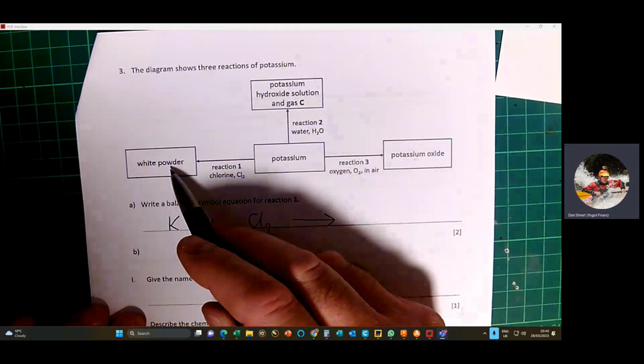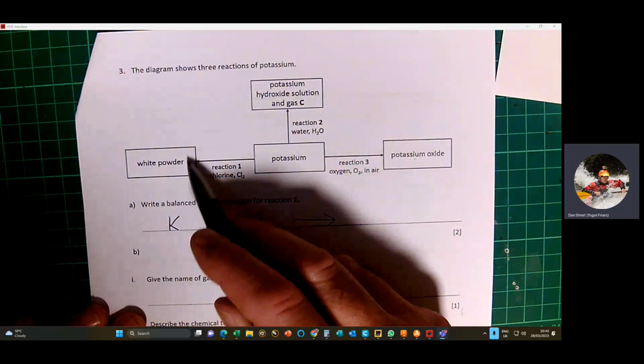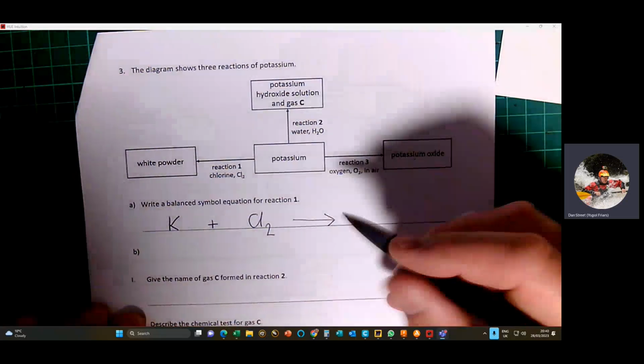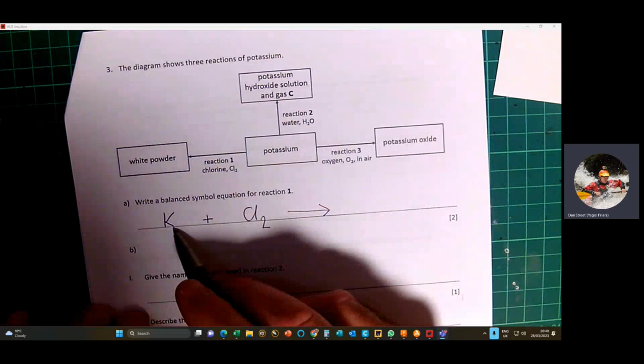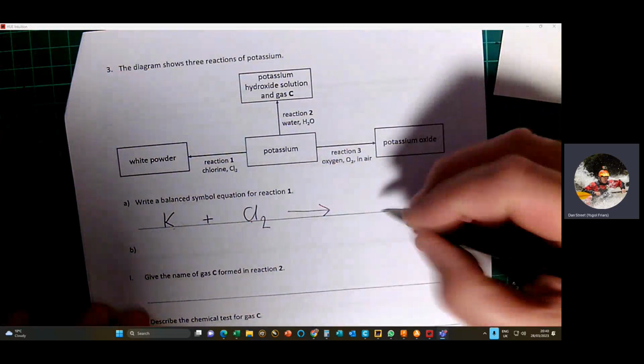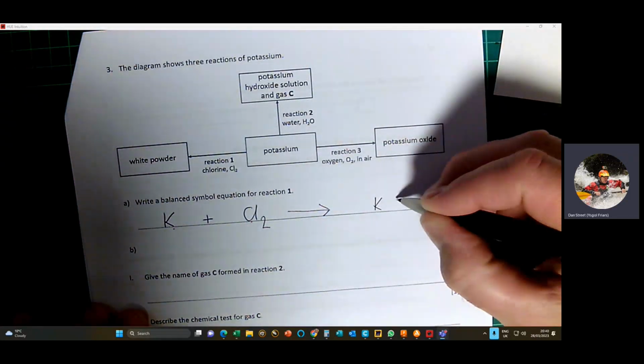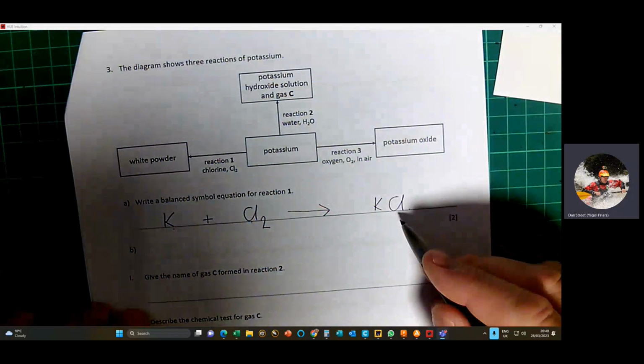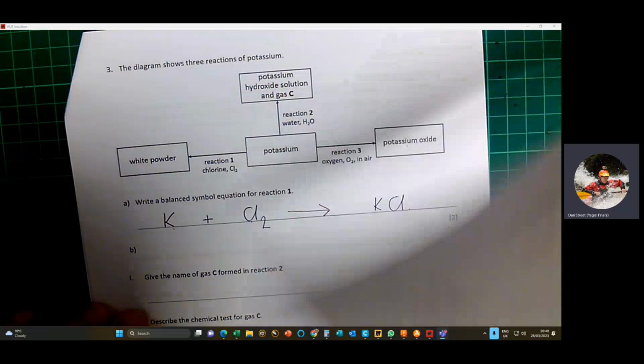And we need to now work out the formula of the white powder. Now, there is only one product here, okay? So we can be confident that product is going to be potassium chloride. So if we write down KCl to start with, then we need to double check that that's the right formula using the table of ions.